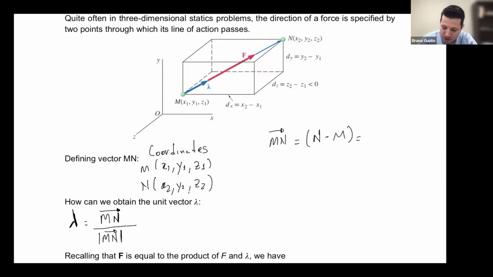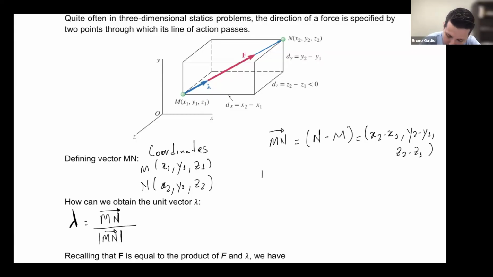Meaning that, what's going to be this one? X2 minus X1, Y2 minus Y1, Z2 minus Z1. Those are going to be my vector MN.